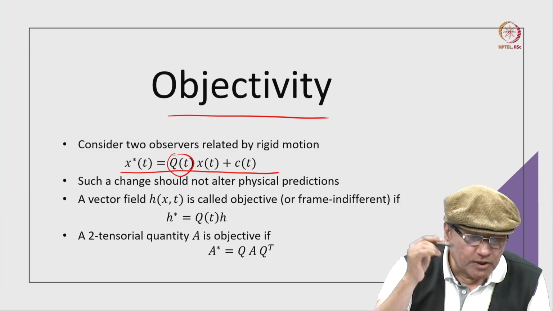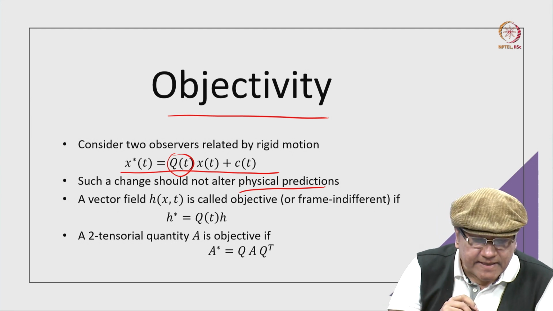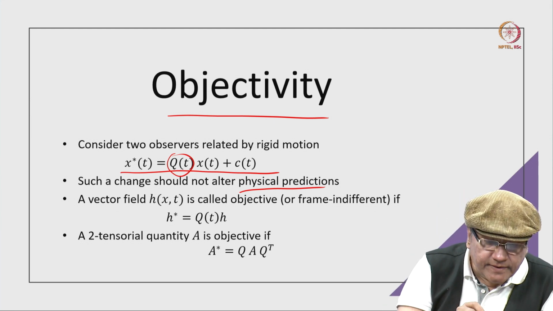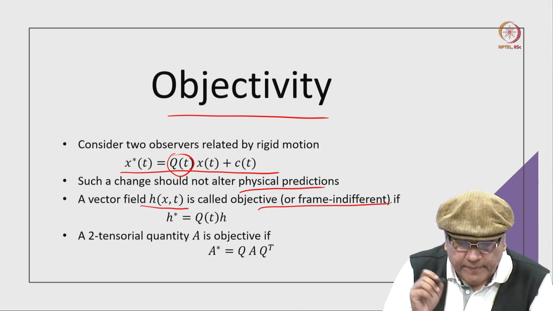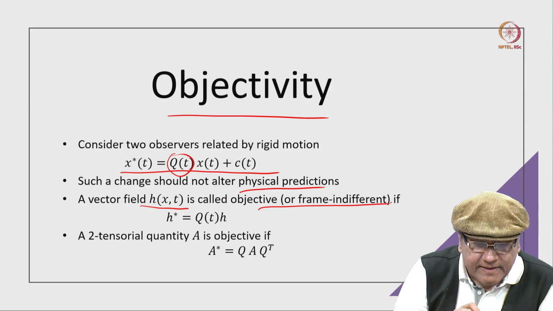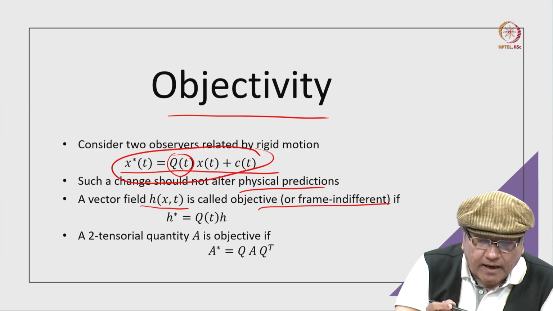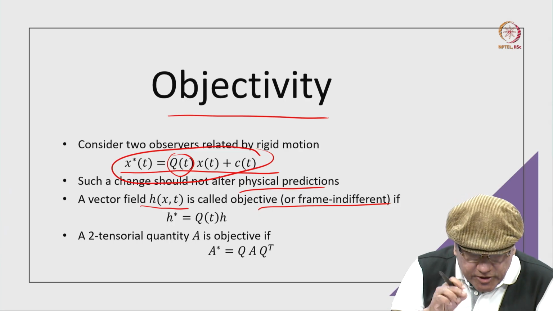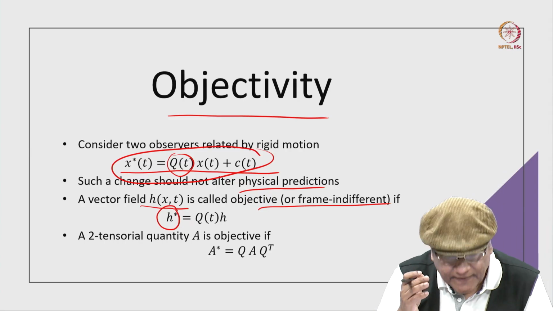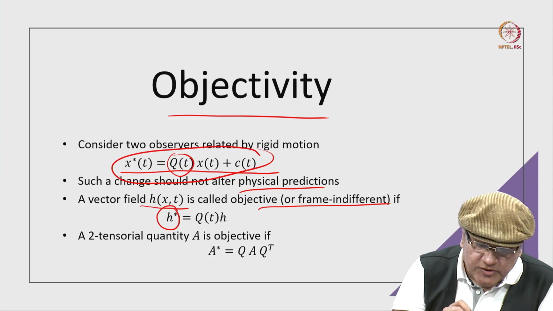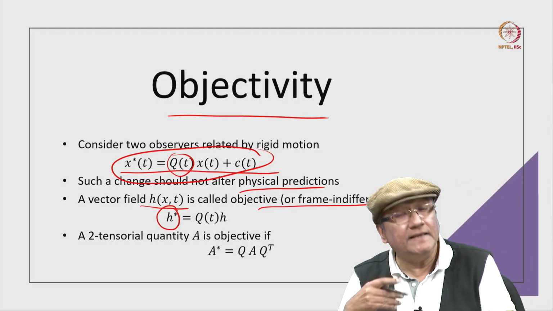So, it should not change the physical predictions. Now, let us understand how a spatial vector h(x,t) is called objective or frame indifferent if under the change of coordinates, h star, that is the original vector h represented now in the new coordinates, transforms like q(t) times h, then it is called objective.